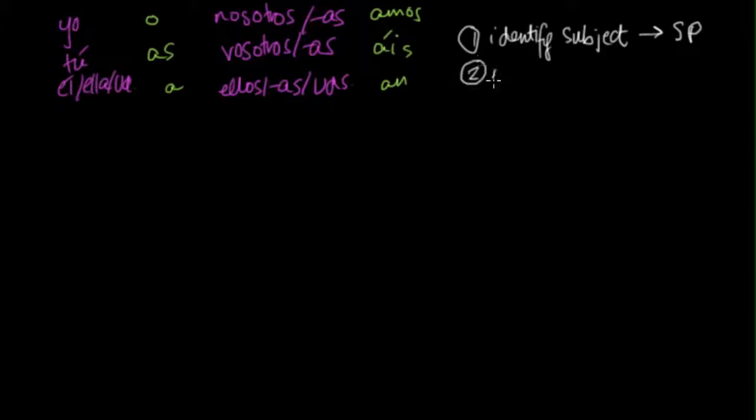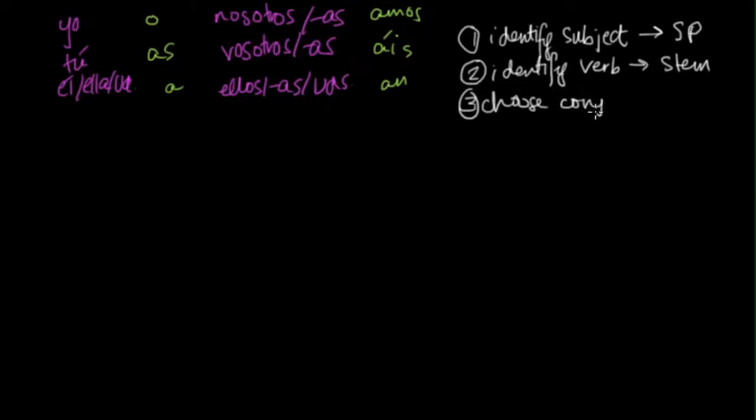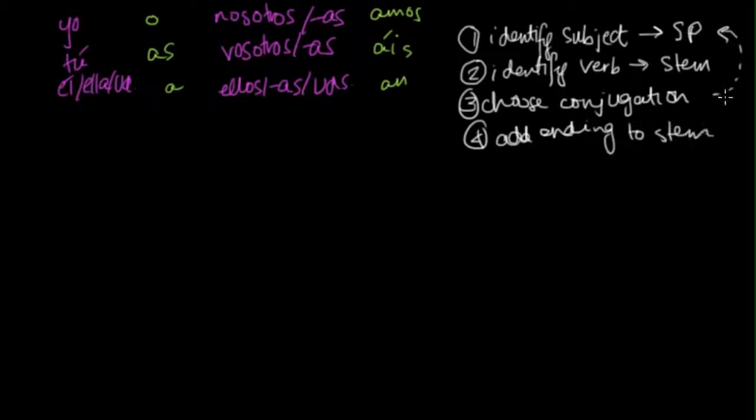Step 2 is to identify your verb and drop the infinitive ending so you're left with a stem. Step 3, choose your conjugation ending based on the subject pronoun. And finally, add ending to stem. So you're just going to put that ending right onto the stem.